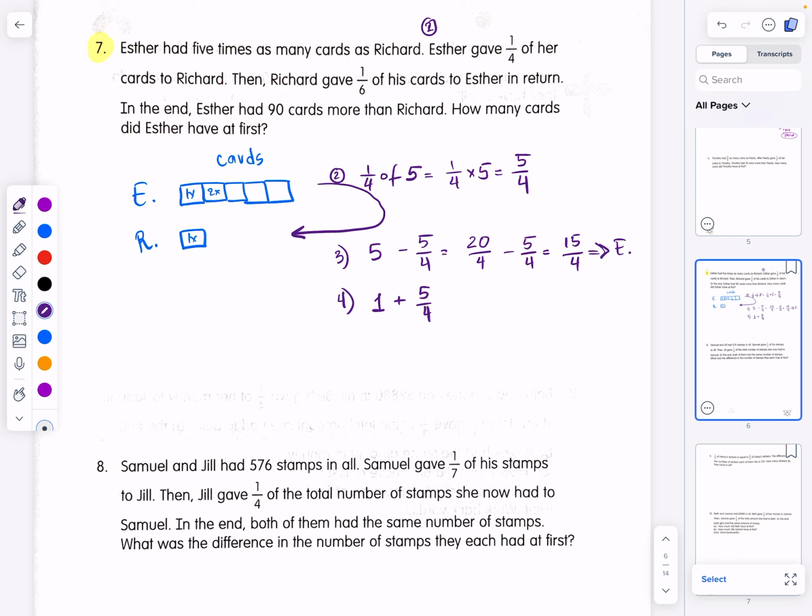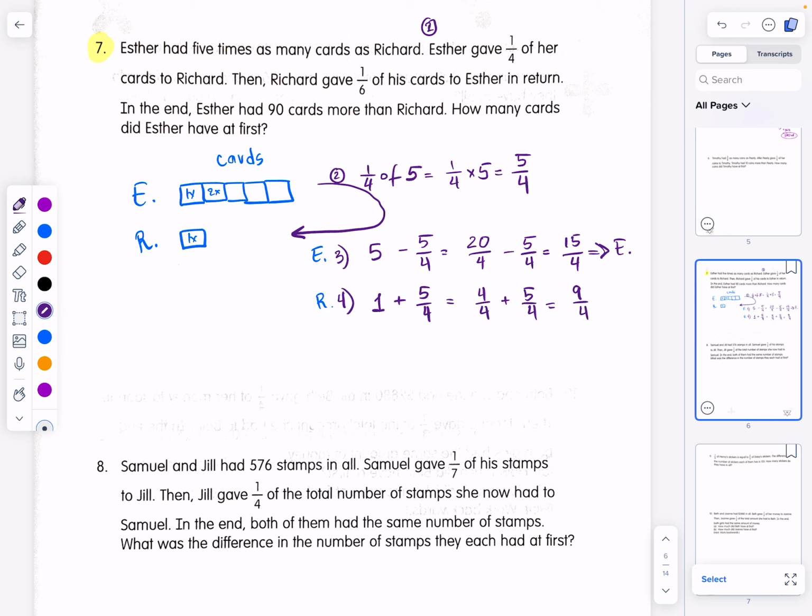Let's label this Esther and Richard. Therefore, 1 plus 5 quarters, well, 1 is 4 quarters plus 5 quarters. Richard now has 9 quarters.